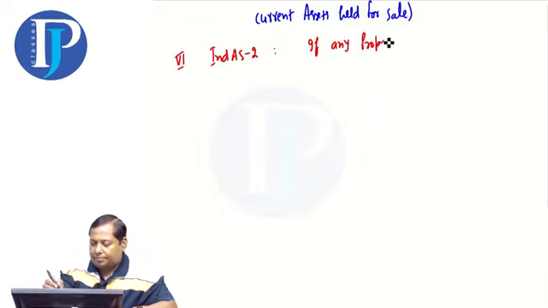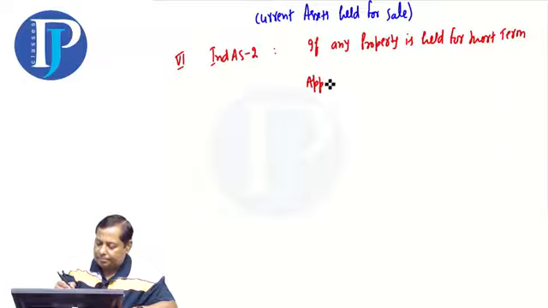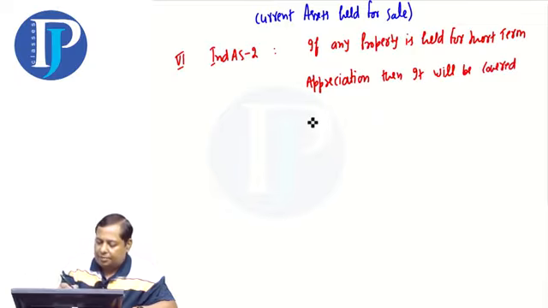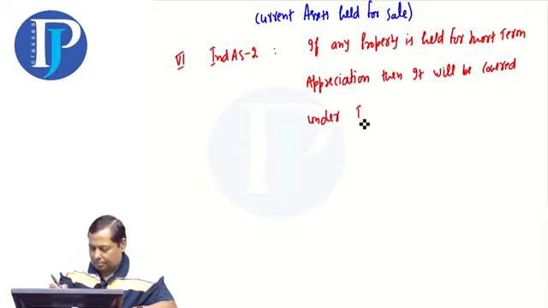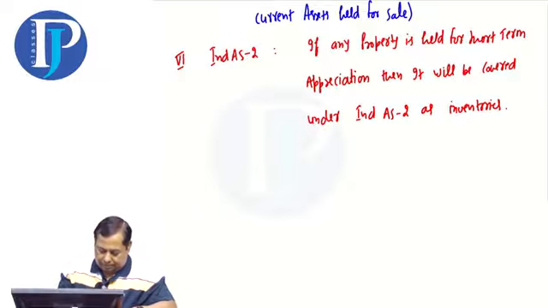If any property is held for short-term appreciation, then it will be covered under Ind AS 2 as inventory.